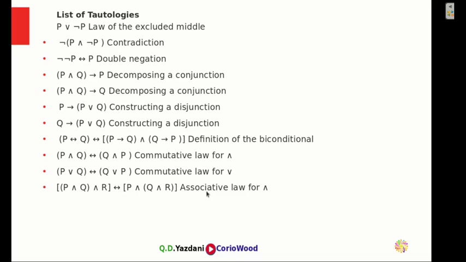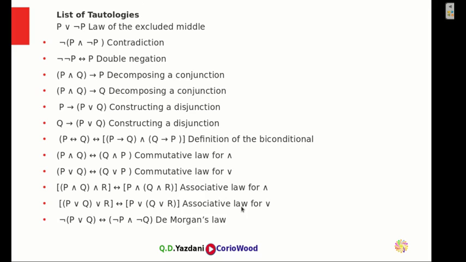In future videos we will go in depth about the commutative law and associative law. Here we have P or Q or R, if and only if P or Q or R, which is the associative law of disjunction.